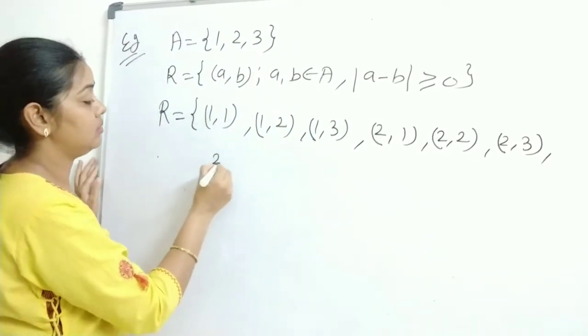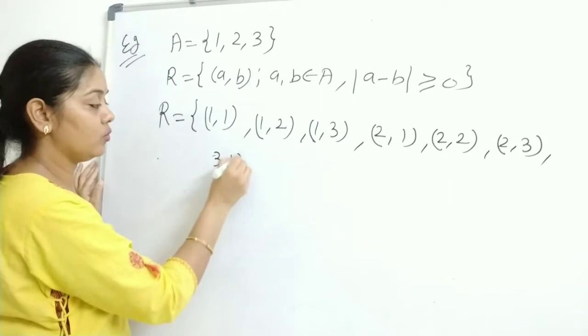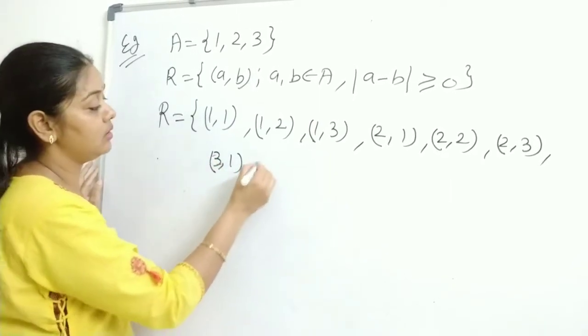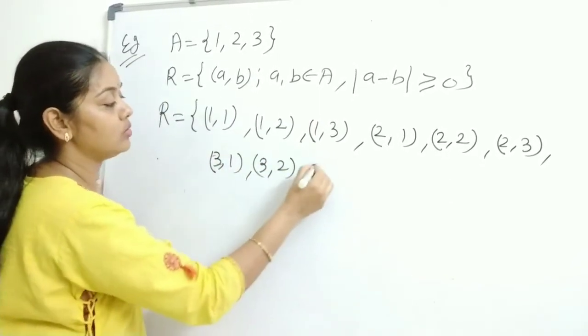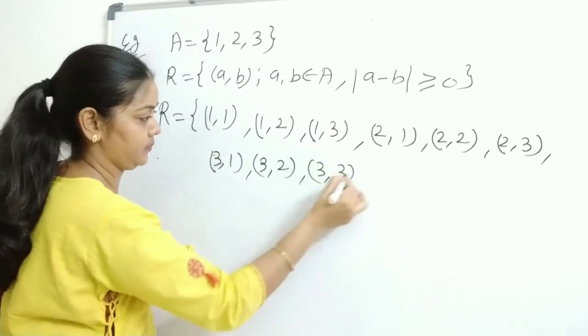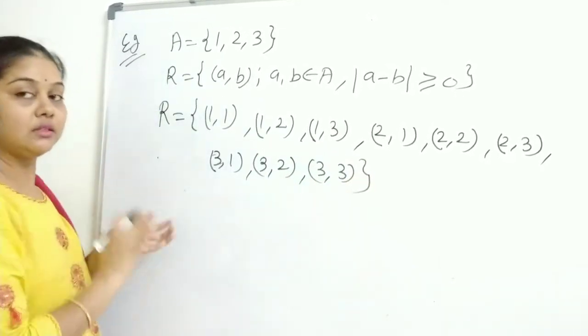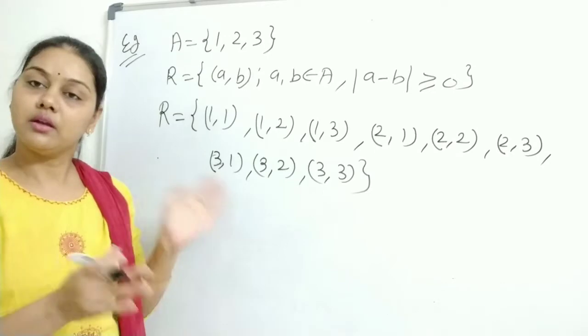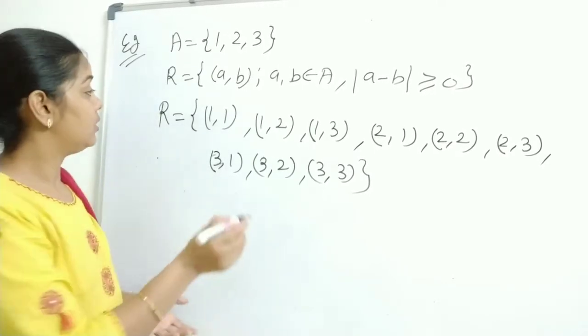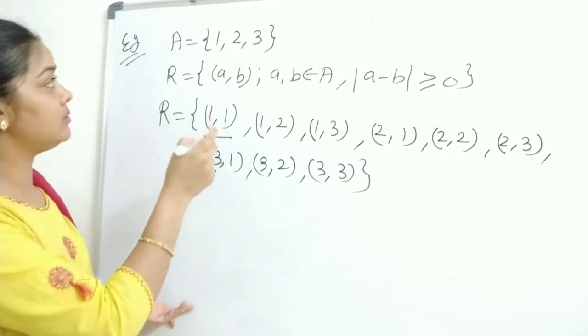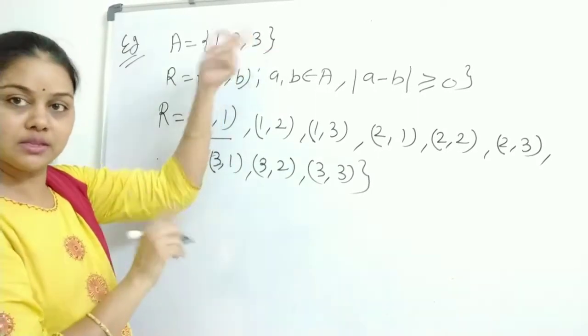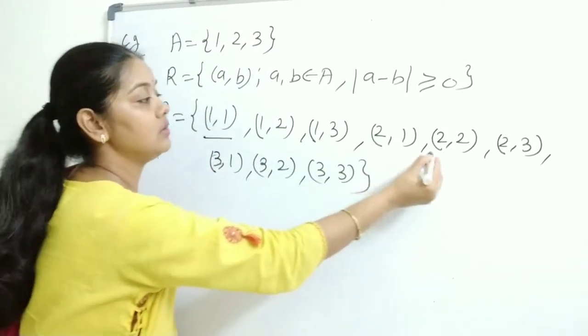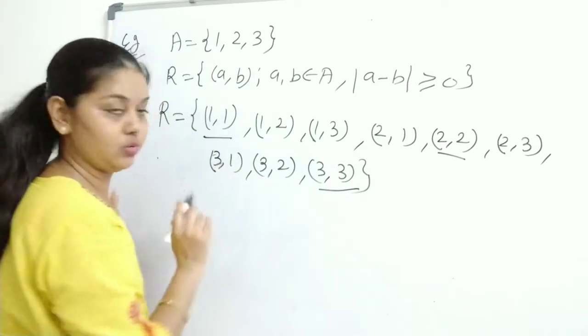Now (3,1), difference is 1. (3,2), (3,3). Now tell me, is this relation reflexive or not? Look at (1,1). We have only 3 elements in A, (1,1), (2,2) and (3,3).